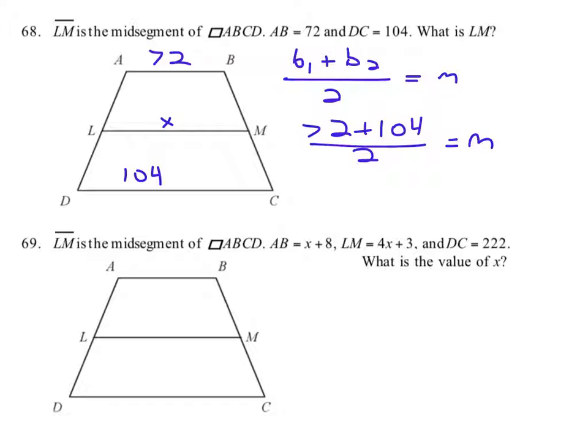And when we add these together, we get 176 divided by 2 equals that mid-segment, and 88 is the mid-segment, so X is equal to 88, or LM.